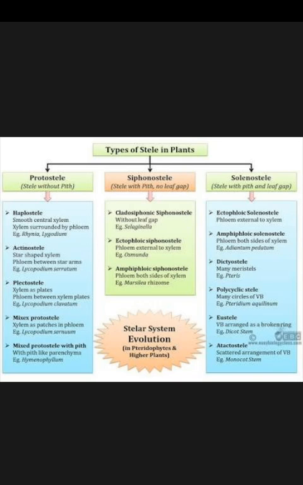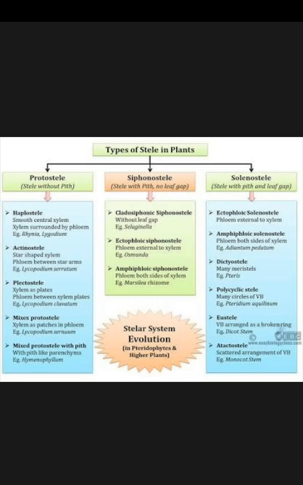So let's start. Stele is nothing but the central cylindrical or core portion of vascular tissue. As you all know, in pteridophyta vascular tissue evolved for the first time. So how did these tissues evolve and what are the components of these tissues? Generally, stele is composed of xylem, phloem, pericycle, medullary rays and pith.